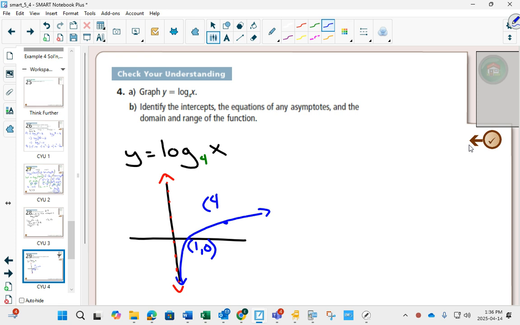Well, if x was 4, and you were solving for the exponent, 4 to what exponent is 4? 1. So you'll always know that every log graph goes through (1, 0), and (the base, 1).